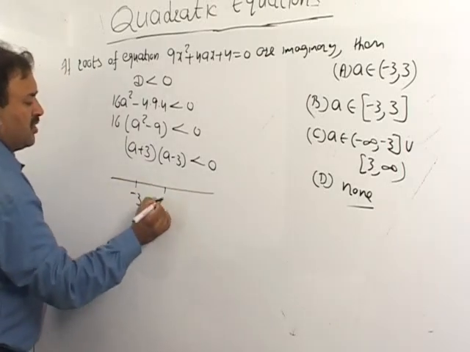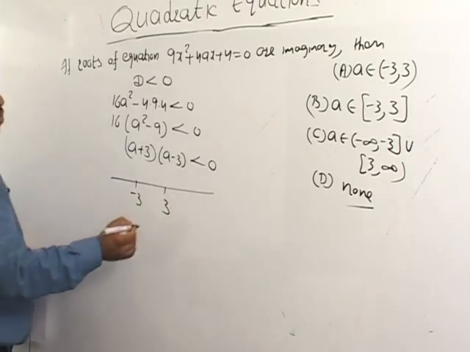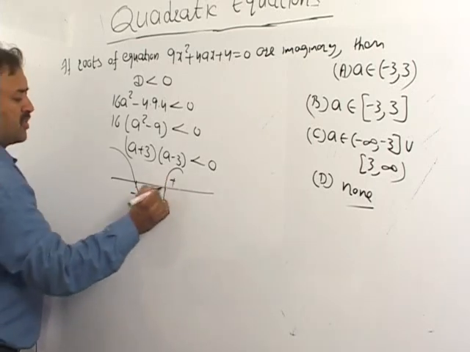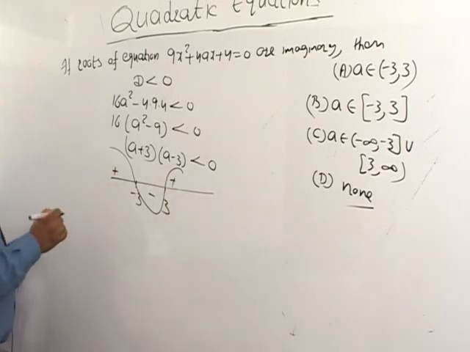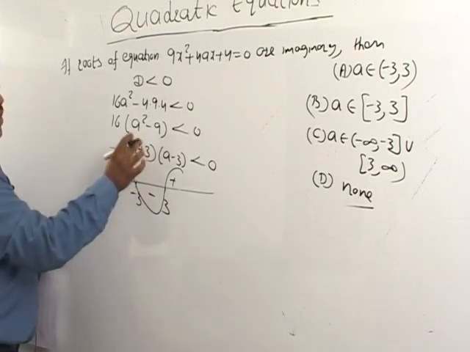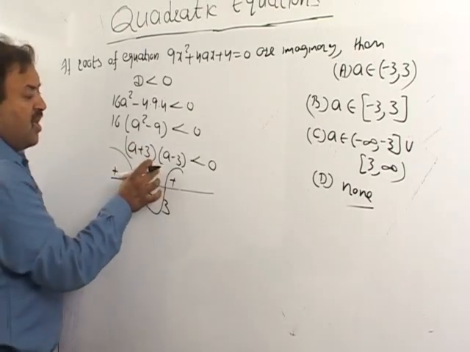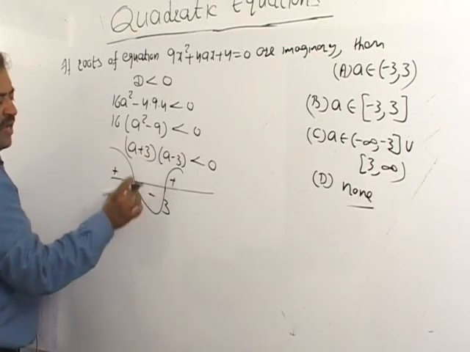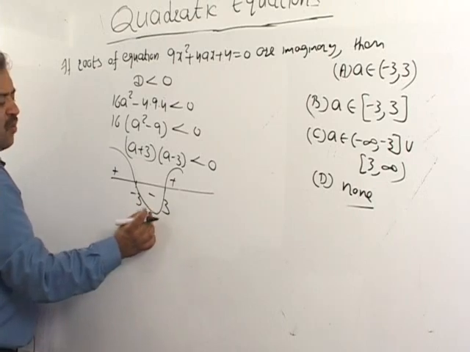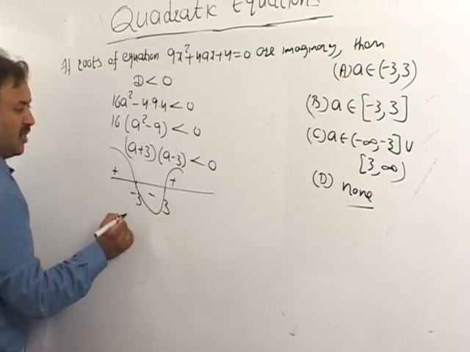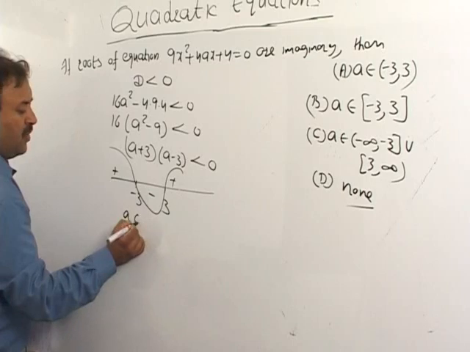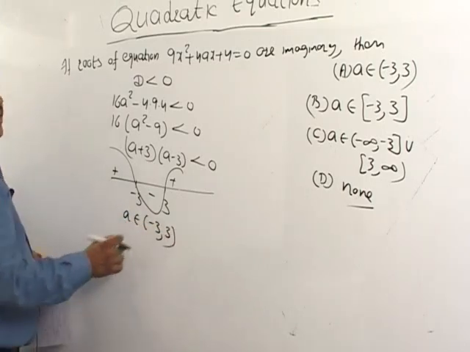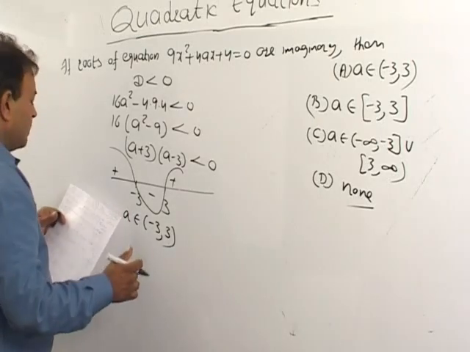This is minus 3, this is 3. With the wavy curve method, it is minus 3, 3, positive, negative, positive. We have to see when this expression is negative, what will be the value of a. This expression will be negative when the value of a is from minus 3 to 3. It comes out to be a belongs to minus 3 comma 3, in the open interval. So the right option is A.